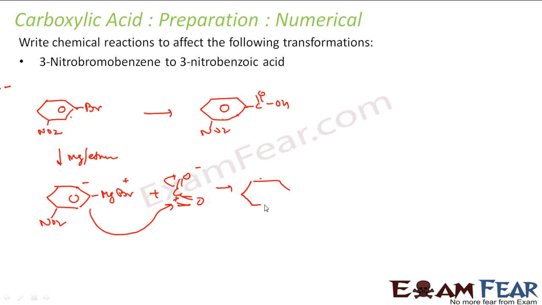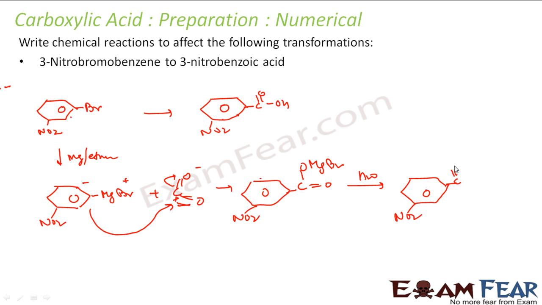This becomes OMgBr, and when I react this with water, this will become COOH and MgBrOH will come out. This is what we have seen. Or you can directly convert this into CN here, giving 3-nitrobenzonitrile, and then you can oxidize it. That is also one possibility.